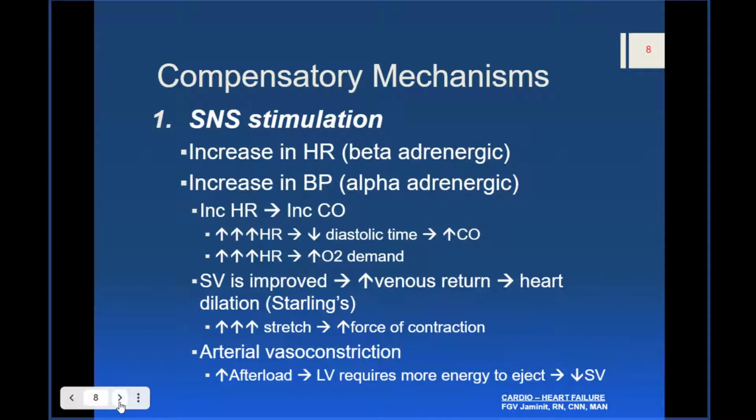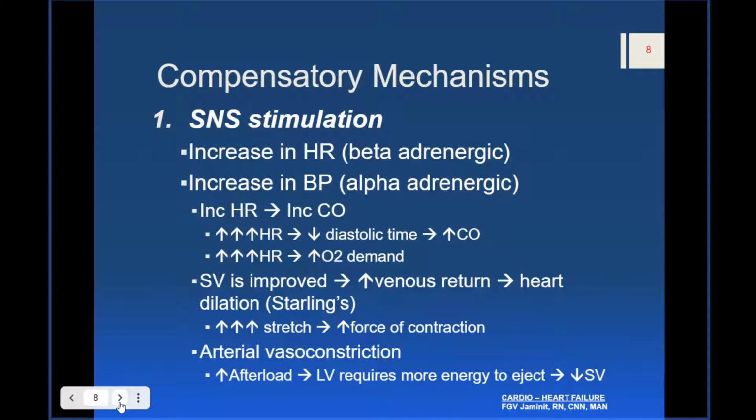So what do you think can happen to the cardiac output when the heart rate of the patient increases? Take note that the cardiac output is a product of the stroke volume and your heart rate. Remember that the normal heart rate is 60 to 100 beats per minute, and the stroke volume is constant at 60 or 70 ml per ejection or per contraction.